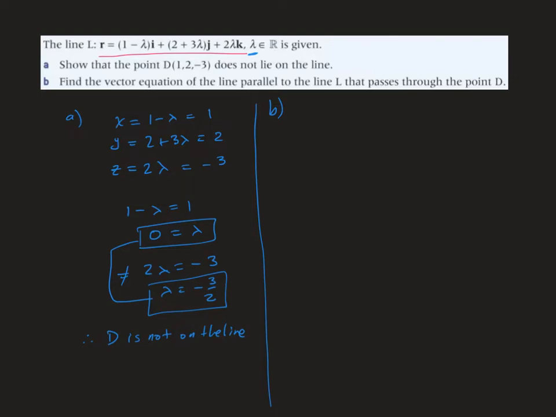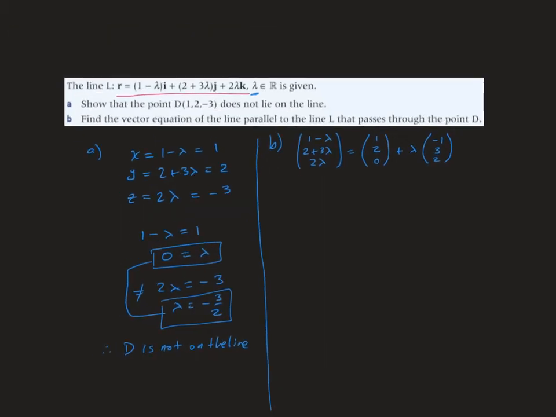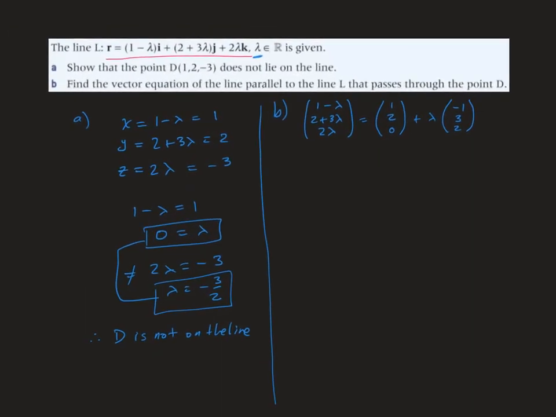So I'm just going to write it in column form. 1 minus lambda, 2 plus 3 lambda, and 2 lambda, which means this should be the vector (1, 2, 0) plus lambda (-1, 3, 2). Of course, we get that the direction vector d is going to be the vector (-1, 3, 2).